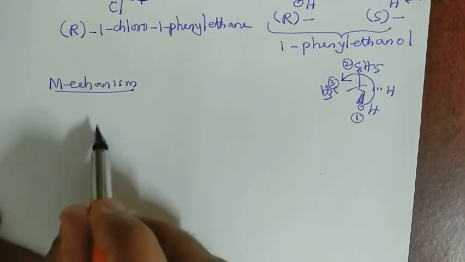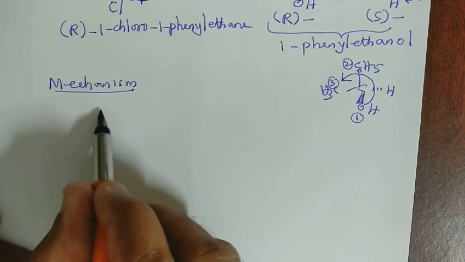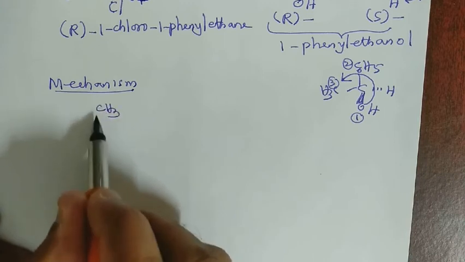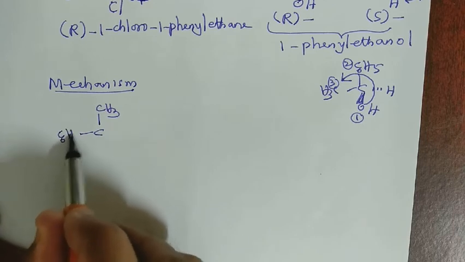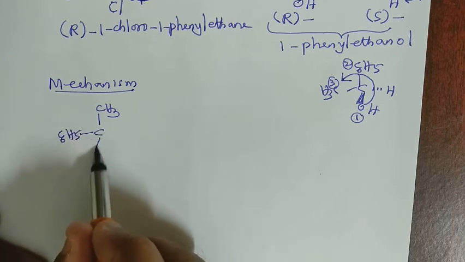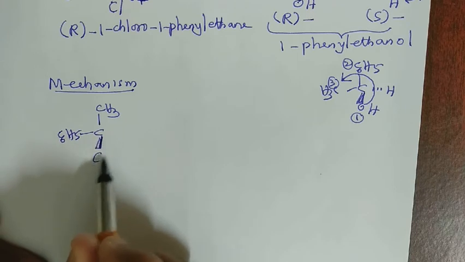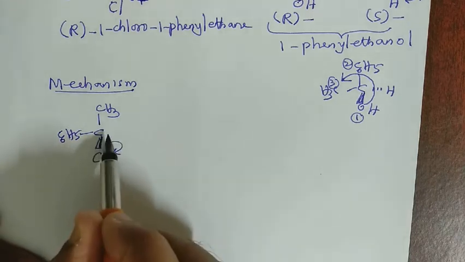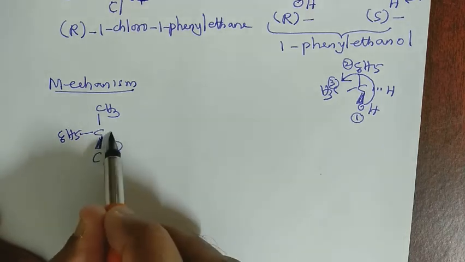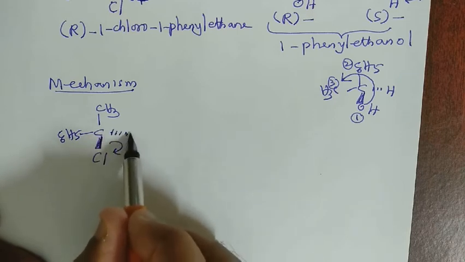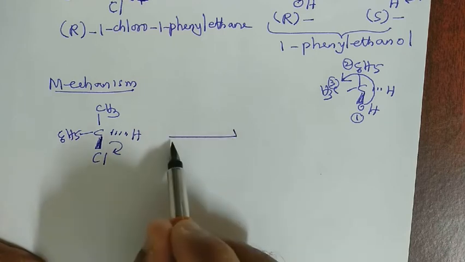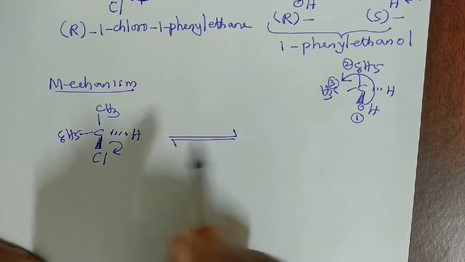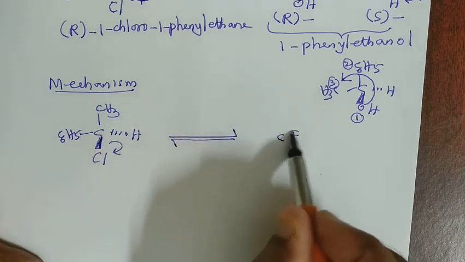The mechanism of the reaction involves two steps. In the first step, the alkyl halide undergoes dissociation of the carbon-halogen bond to form a planar carbocation intermediate.